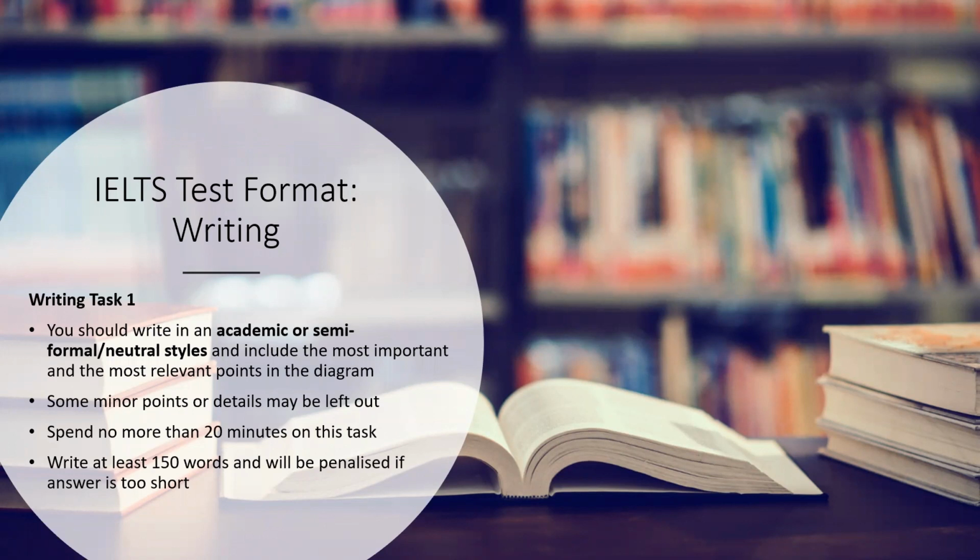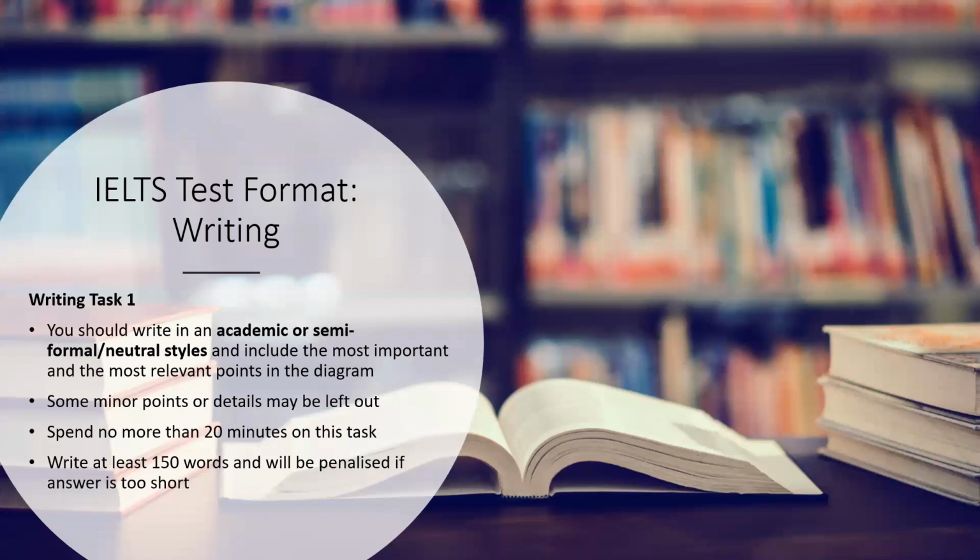All right. And we are required to write at least 150 words, and we will be penalized if the answer is too short. Like I told you, 150 words is the minimum requirement. We cannot write less than that. If we write less than 150 words, then our score will be deducted or marks will be affected.